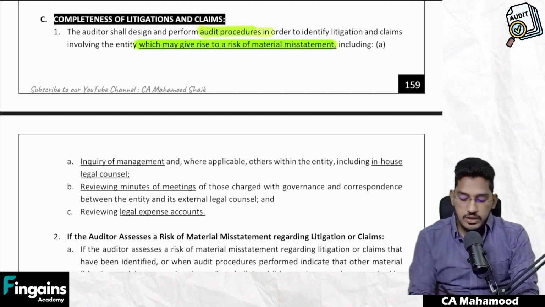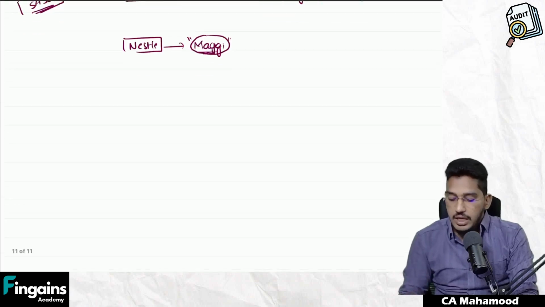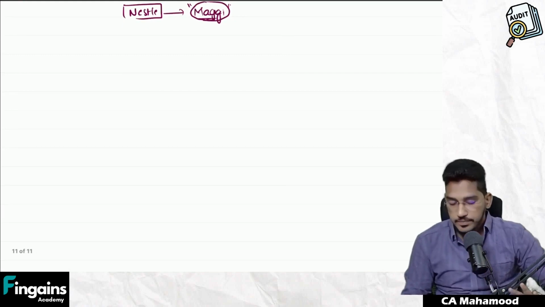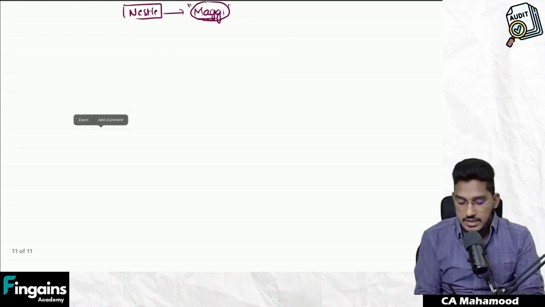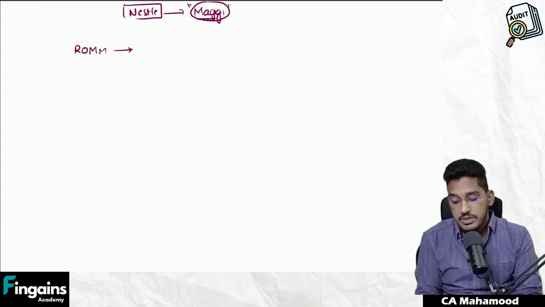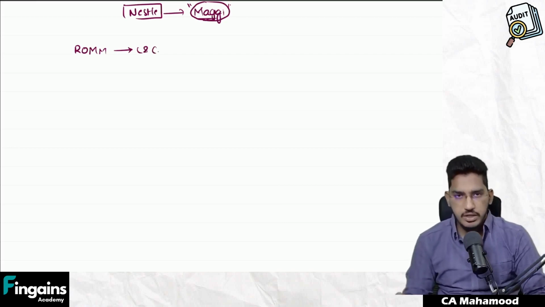So first, what SA 501 is expecting us to do is, they are not directly asking us to find whether litigations and claims are hidden or not. First step, they are asking us to identify whether there is any risk of material misstatement relating to litigations and claims. Listen carefully. Very important point I'm going to make here.